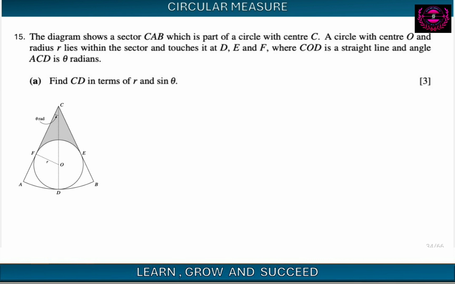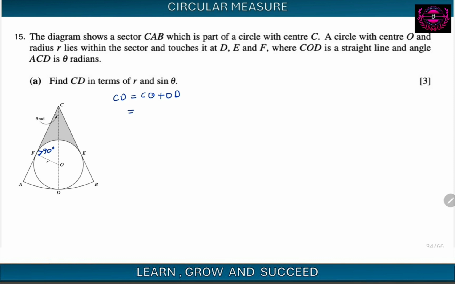The diagram shows a sector CAB, which is part of a circle with center C. A circle with center O and radius r lies within the sector and touches it at D, E, F, where COD is a straight line and angle ACD is theta radians. Find CD in terms of r and sine theta. Okay, so we know CD is CO plus OD, and using triangle COF, angle CFO is 90 degree, so it is a right angle triangle.